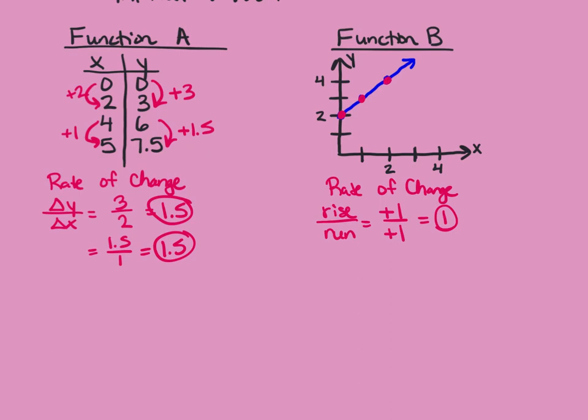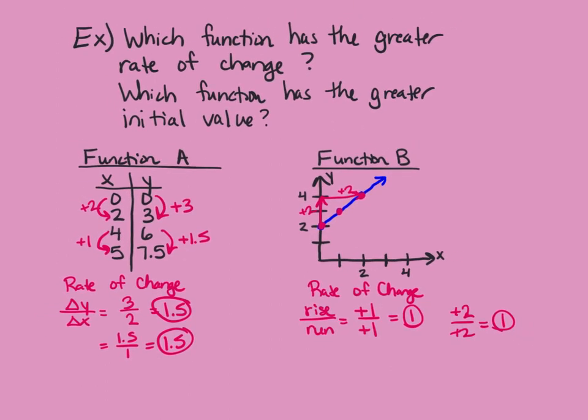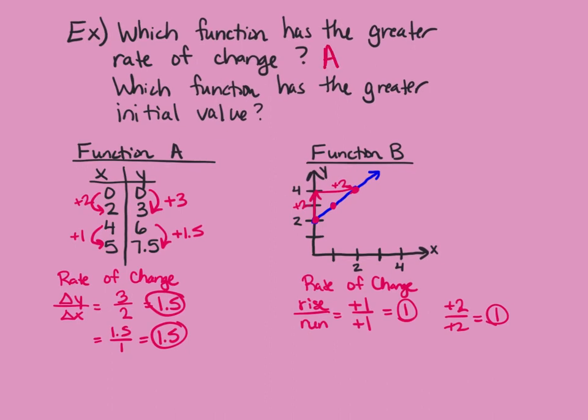If I picked this one, then I'd go up 2, right 2, and up 2, right 2 is still 1. So to answer the first question, which function has the greater rate of change? Well, 1.5 is greater, so function A has the greater rate of change. It's 1.5.